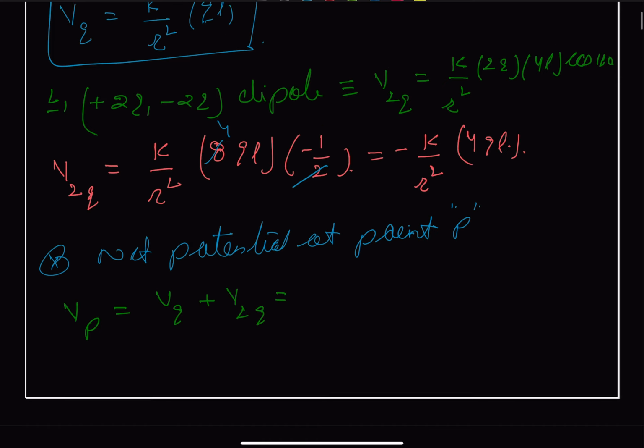Vq is K upon R square QL, minus K upon R square 4QL.